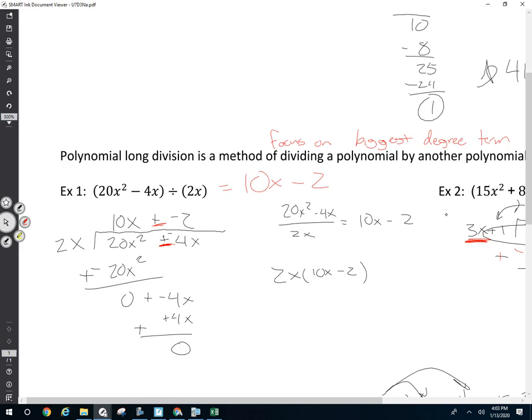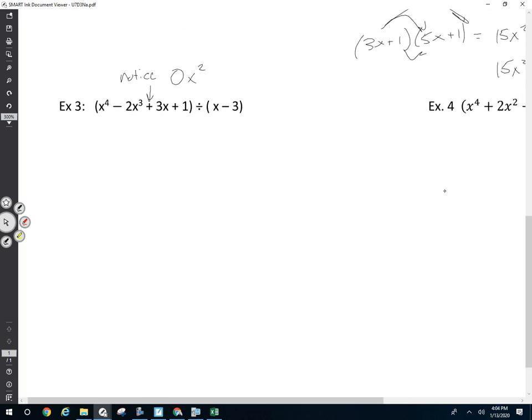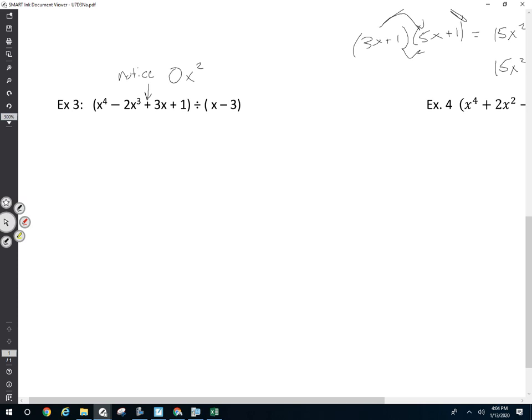The reason why I say that is because if we divide and we have something missing, we have to make sure we include a 0 for that missing term. So watch. I'm going to divide x to the 4th minus 2x cubed, but I don't have any x squareds, by x minus 3.